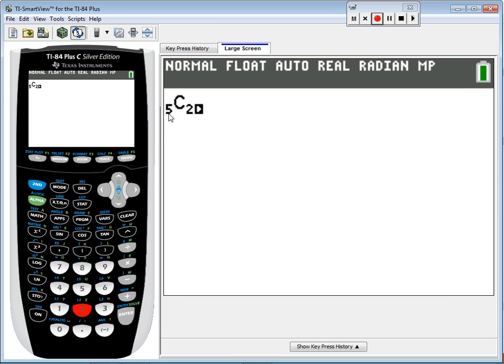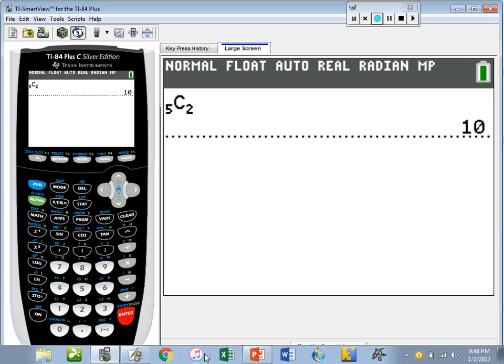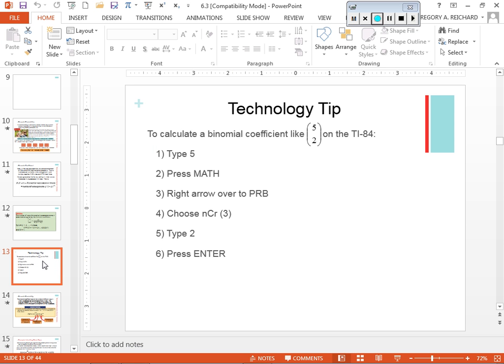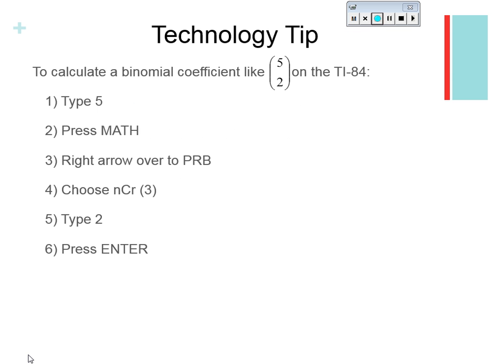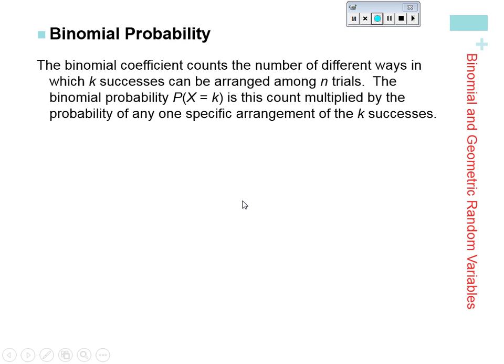There were 5 children in that first example, and we were trying to find the probability that 2 of which had type O blood. So you can see here that there are 10 different ways that we could rearrange the 5 children, where 2 of which would have type O blood. So that's one of the things that we can do in the calculator to determine the number of arrangements.